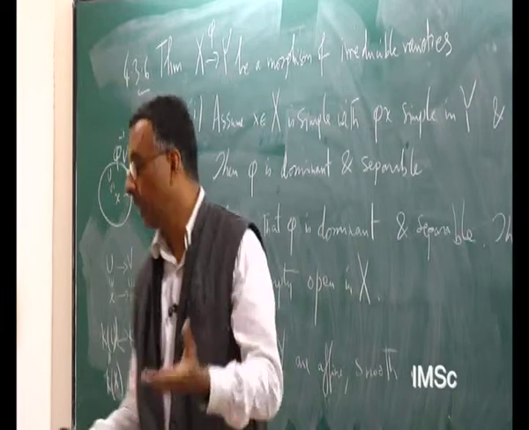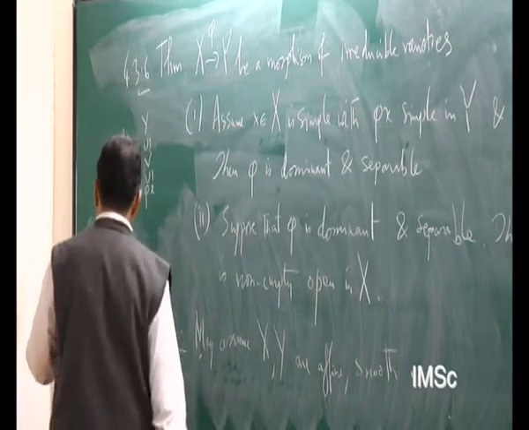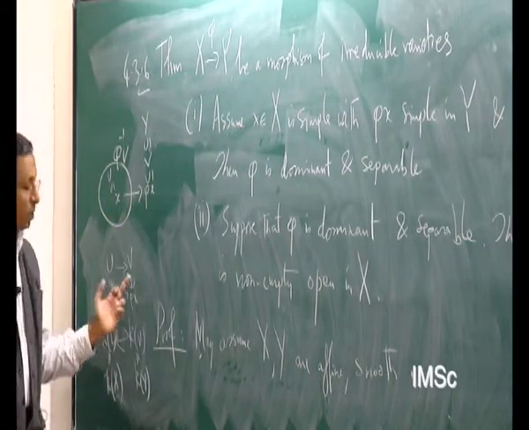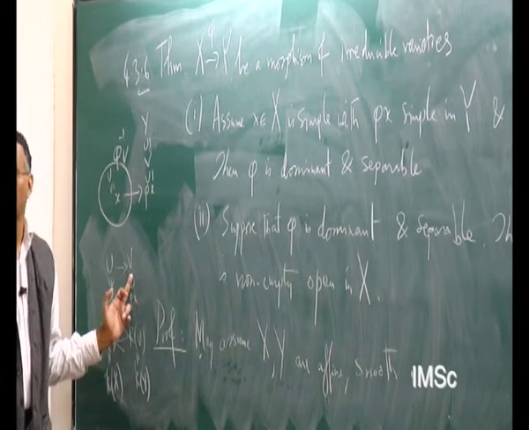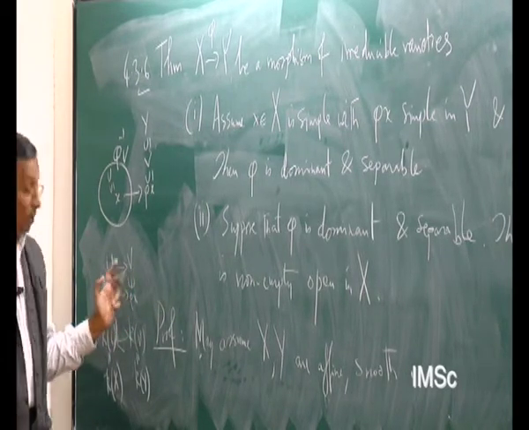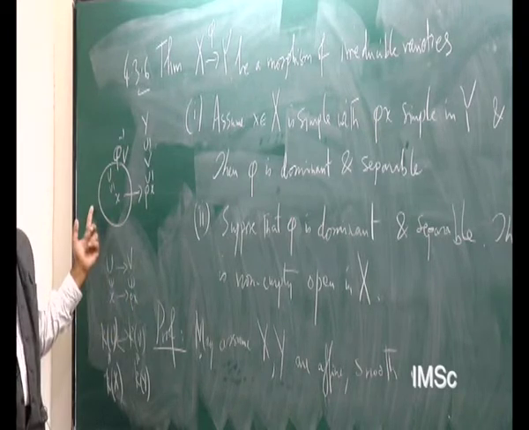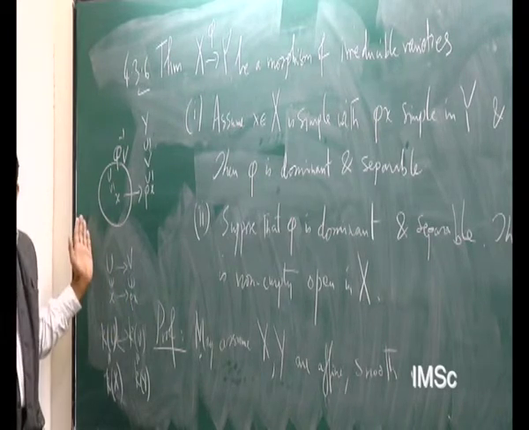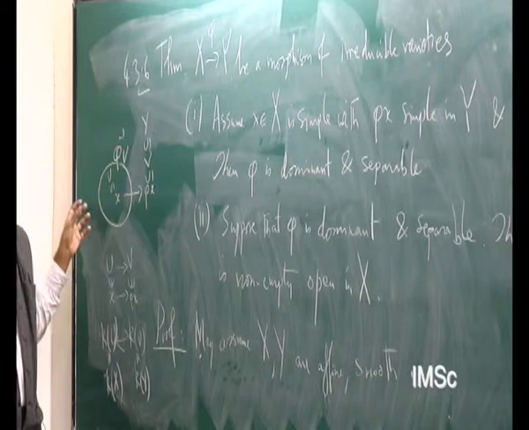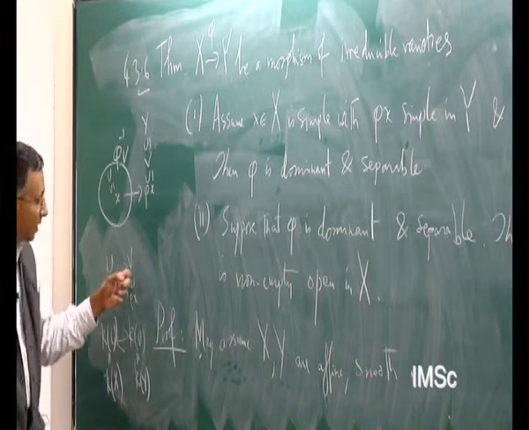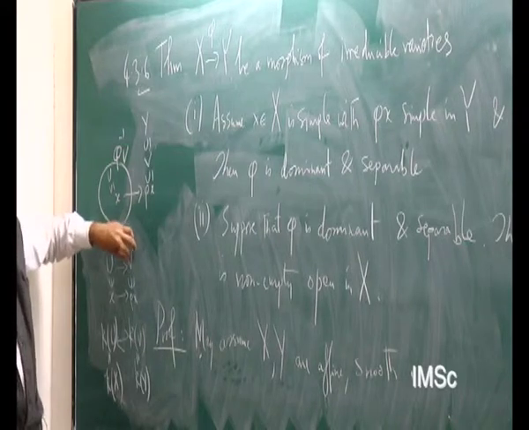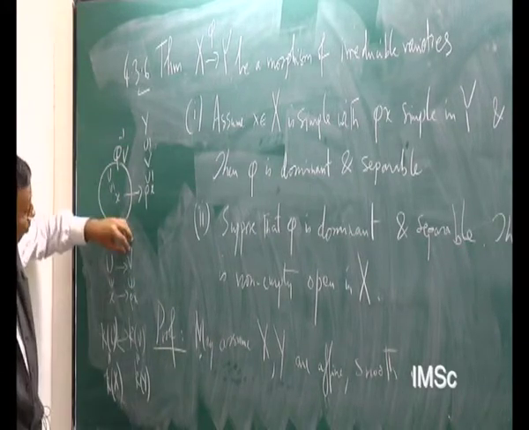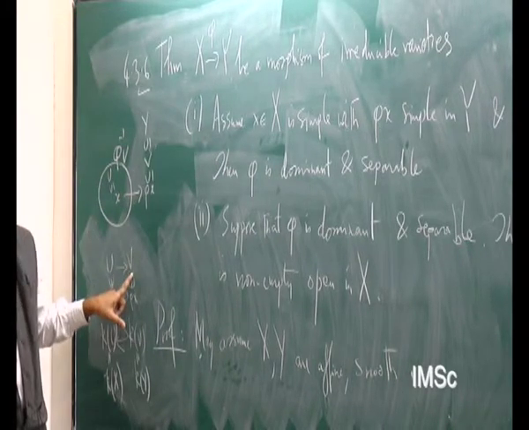Why? That's easy to see just topologically. If this image were not dense, there would be an open set in the whole thing which would not intersect that image.